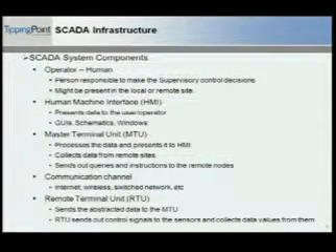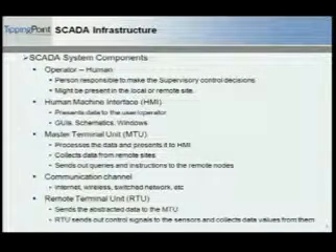And the human machine interface is all the fancy GUIs provided by the vendors. This interacts with the MTUs, the master terminal units, which are one step above, and they collect information from all the other remote terminal units, process the information, and then raise a flag if it needs to be.